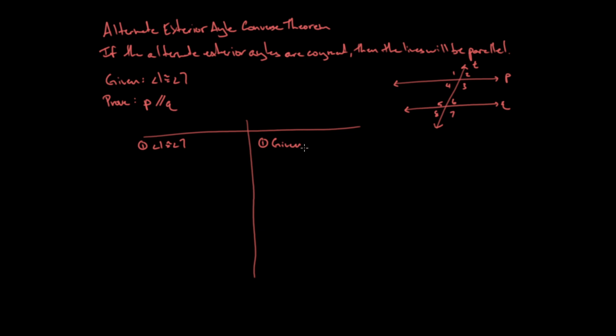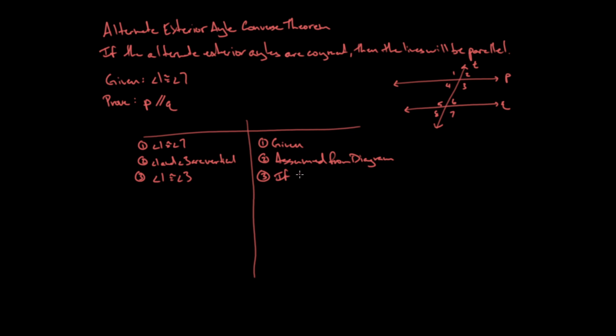Now I'm going to connect a pair of vertical angles, in this case 1 and 3, which will let me say that 3 and 7 are congruent. So I will say that angle 1 and angle 3 are vertical angles. How do I know that? Well, it is assumed from the diagram. Next, I will say that angle 1 is congruent to angle 3 using my vertical angle congruence theorem.